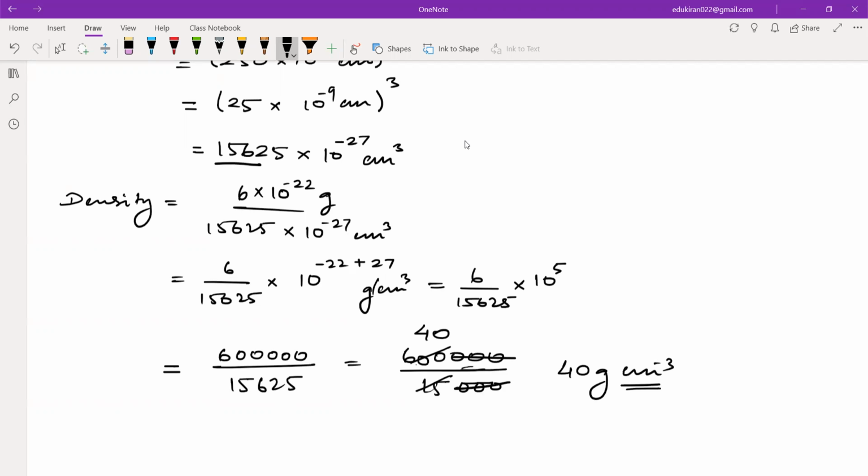Now you tell me, those who have got the exact answer, is it not very near to the correct answer? I got 38.4. This is very near, na? 40 grams per centimeter cube and 38.4. Maimuna also got the same thing. Mazia also got the same thing. Salman also got the same thing. So when you are getting confused, take the liberty.